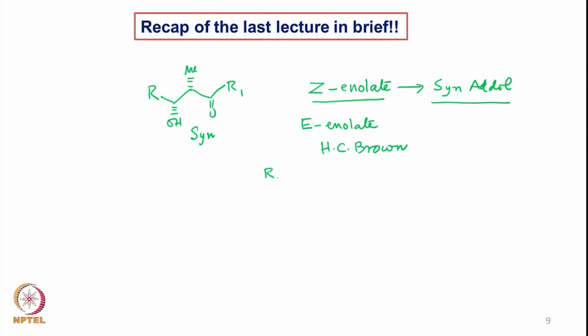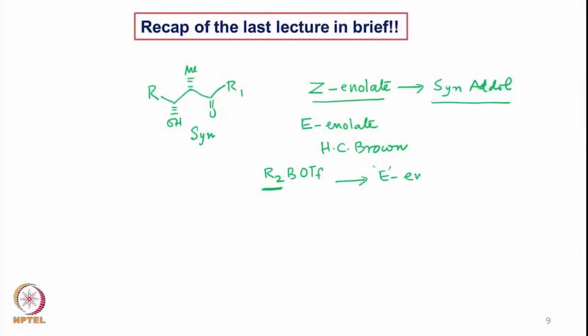Say you have 2 R groups attached to boron and O triflate. If these 2 R substituents are large in size, then they allow the E-enolate to form in case we use a small base. And the small base, as we discussed, forms an irreversible complex with the boron, and therefore it allows the formation of the E-enolate. We discussed the transition state part.